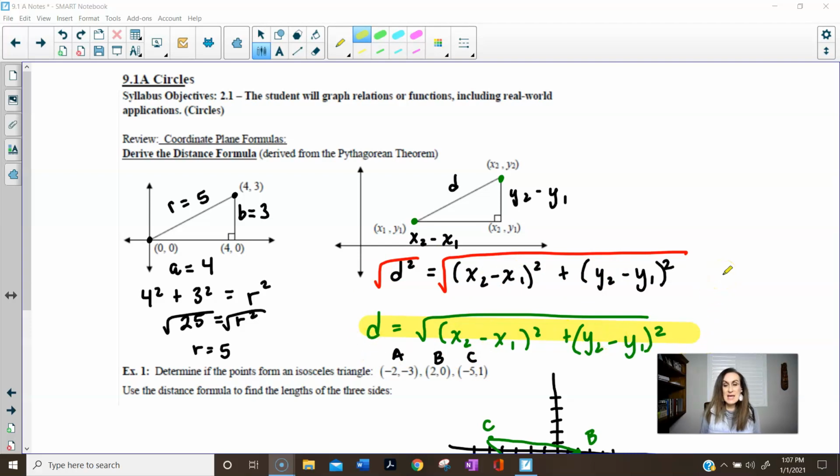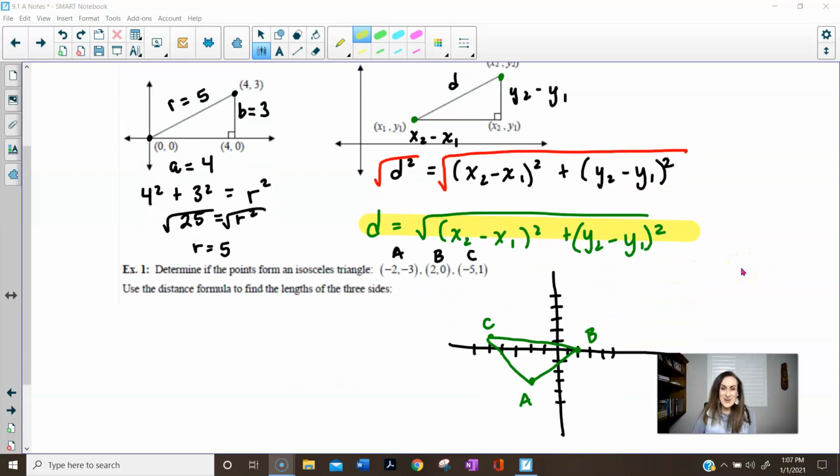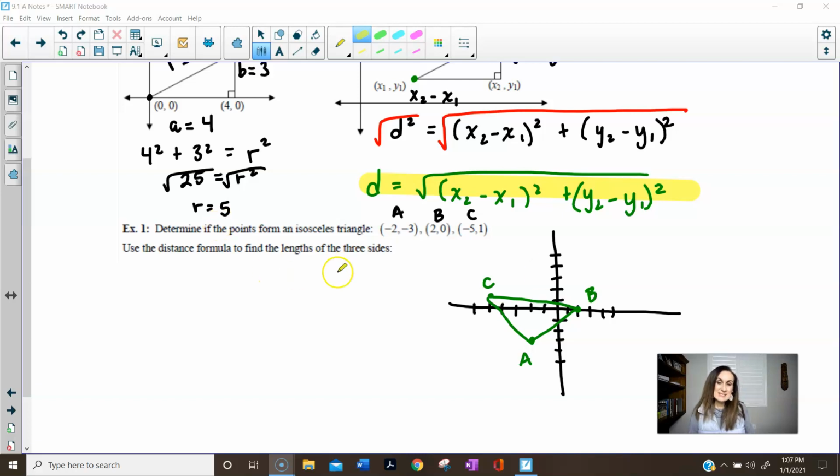So let's look at example 1. In example 1, we're going to find if this is an isosceles triangle. So the first thing I did is I simply graphed these coordinates. So (-2, -3) I called point A, (2, 0) I called point B, and (-5, 1) I called point C. And we're trying to figure out an isosceles triangle, remember, is where 2 of the sides would be the same.